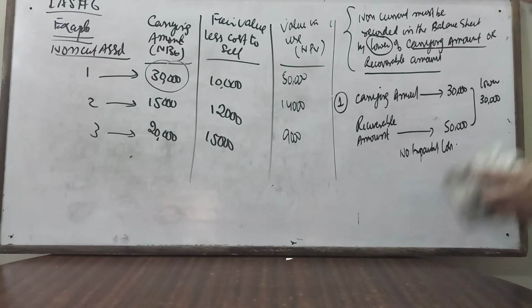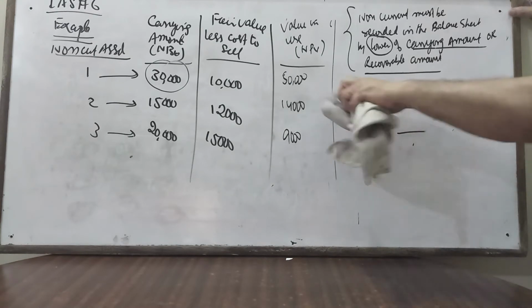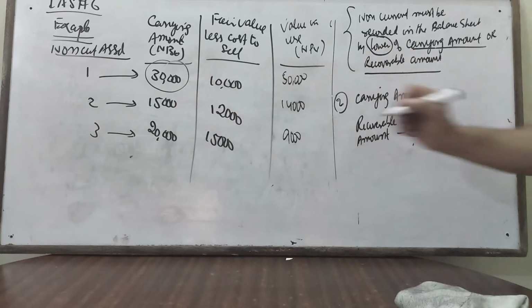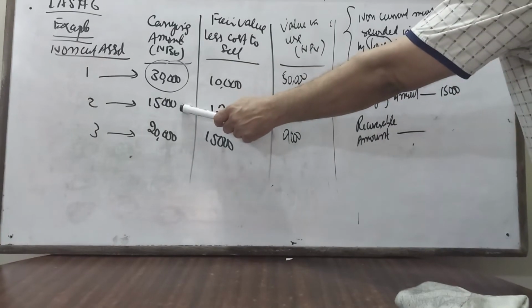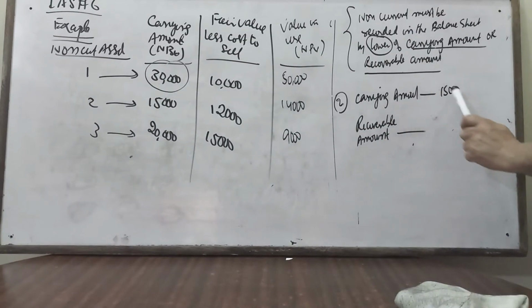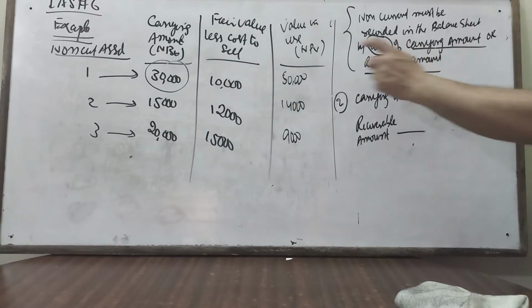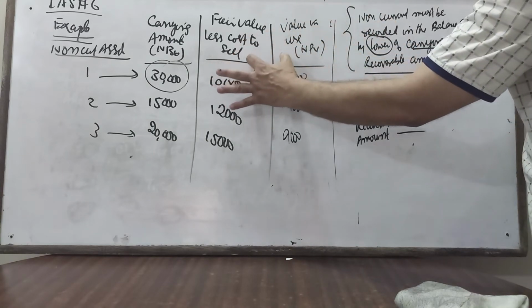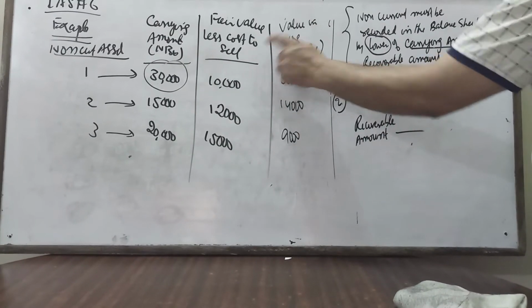Now coming to the same thing for asset number 2. The carrying amount of asset number 2 is 15,000, but the recoverable amount is the higher of fair value less cost of sale and value in use.